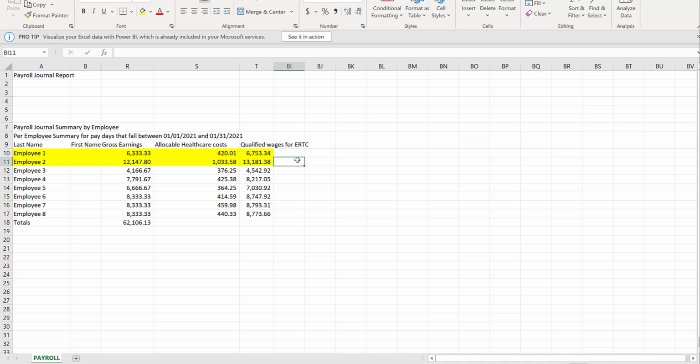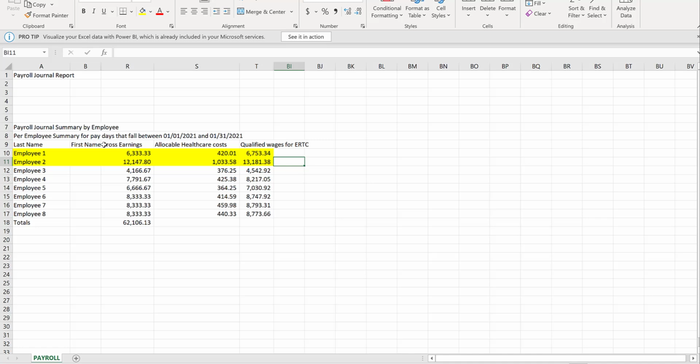So with that, I am taking a slightly more conservative stance that I am not including them, and I'm not going to include them for the purposes of the explanation of this spreadsheet today. However, I would say, talk to your CPA, see what they think is right, and you can make that decision for yourself. And honestly, the IRS might come out with some more clarification on this as well. So make sure you're talking to somebody who's doing the ERTC calculations on the regular, because they're going to be a little bit more up to date with the latest news on that.